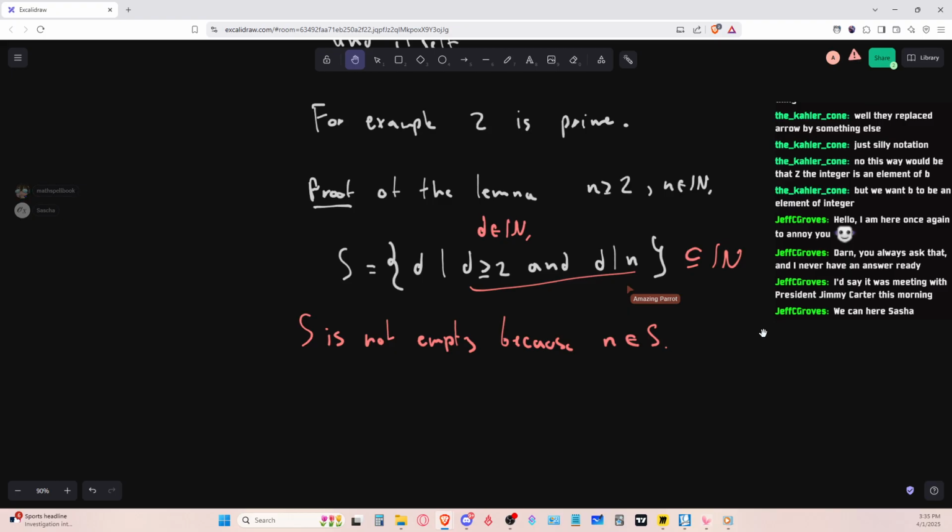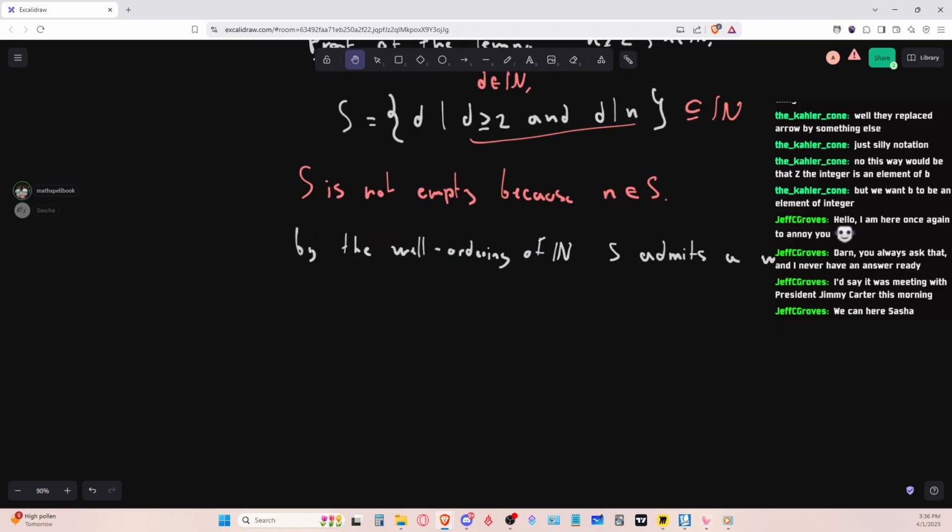So apply the well ordering theorem, or just the well ordering of N: S admits a minimum. So S has to have a minimum within its set. Yeah, because we have just shown that this is a subset of the natural numbers and it's not empty. So the well ordering says it has to have a minimum.